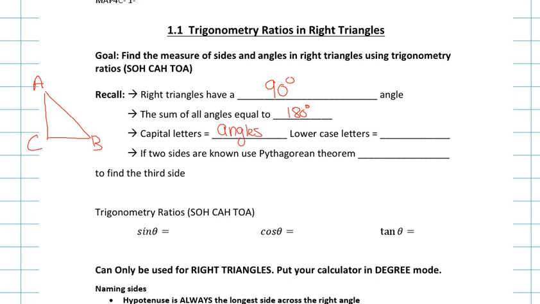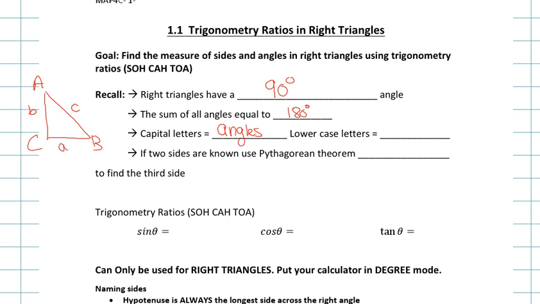So the angle C right here has an opposite side. We call that little c, because the opposite of it is C. Angle B has an opposite side, and it's called side B. Angle A has an opposite side, and it's called side A.